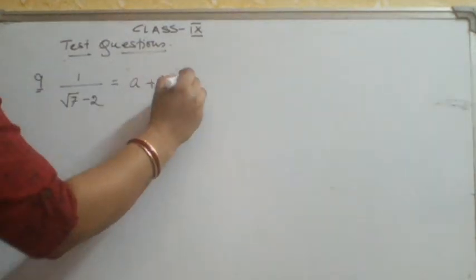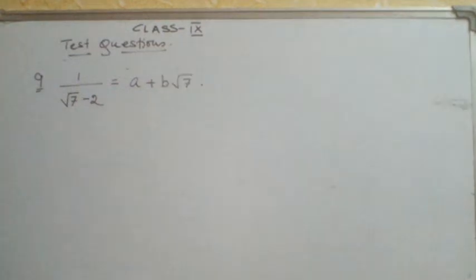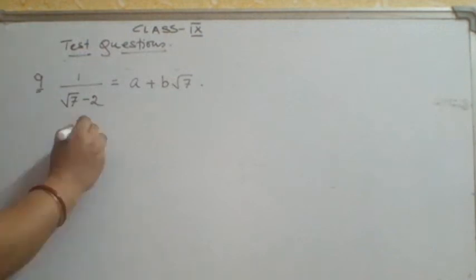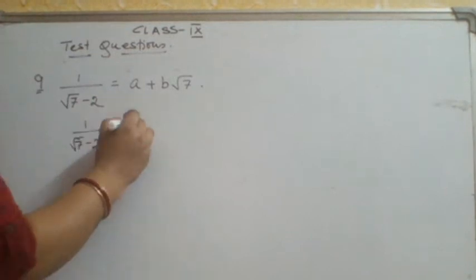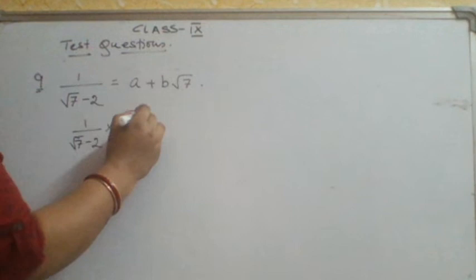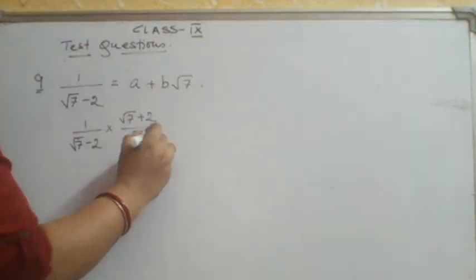This question is based on the concept of rationalizing the denominator. So what is the rationalizing factor for this number? This is 1 upon root 7 minus 2. You multiply it by root 7 plus 2, and the rationalizing factor is root 7 plus 2.